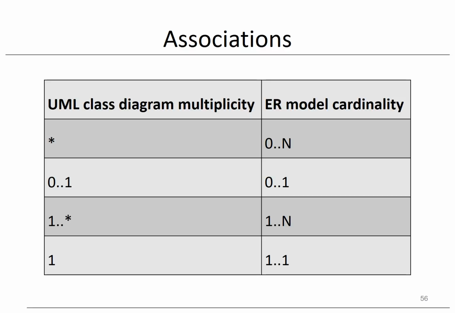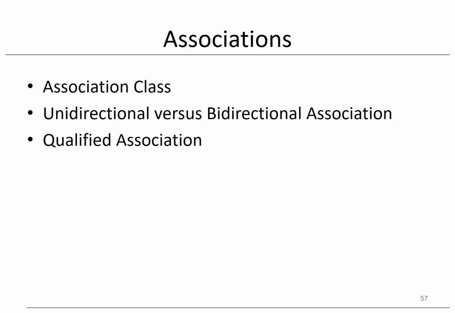Note that an asterisk is introduced to denote a maximum cardinality of n. In what follows, we elaborate further on associations and discuss association classes, unidirectional versus bidirectional associations, and qualified associations.